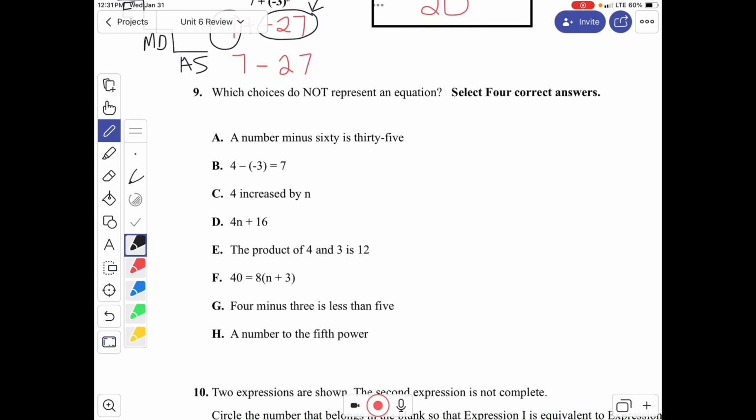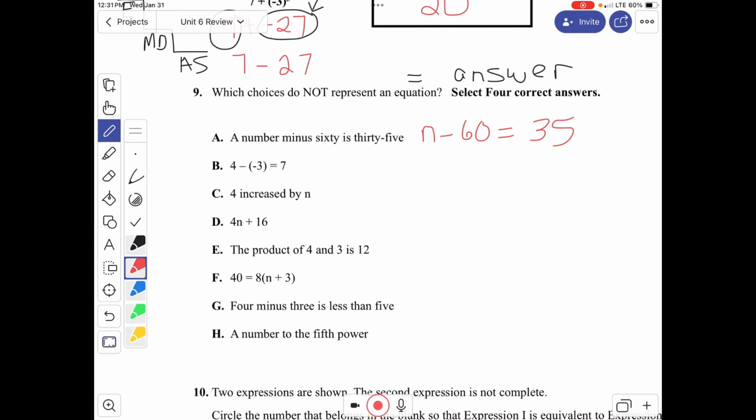Number 9, which choices do not represent an equation? An equation means it has an equal sign, or it has an answer. If there's no answer, then it's not an equation. A number minus 60 is 35.